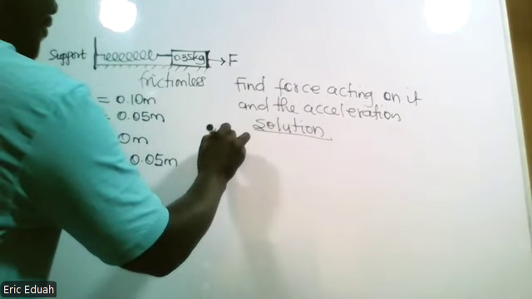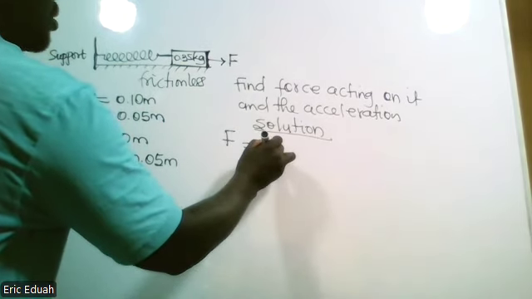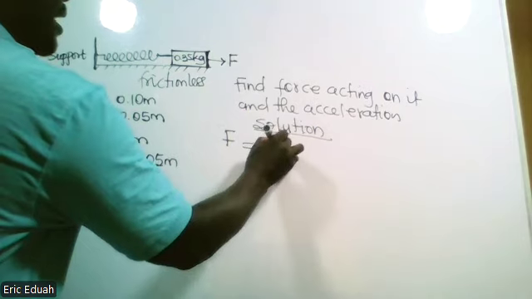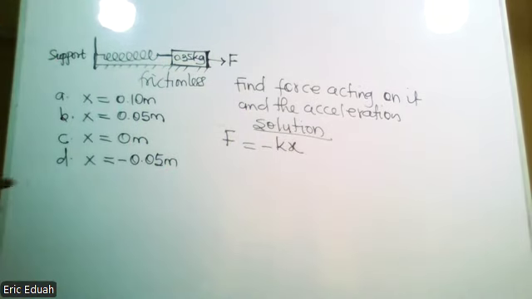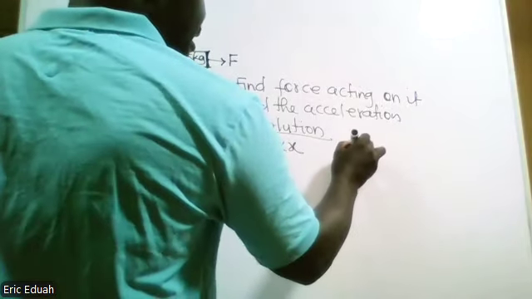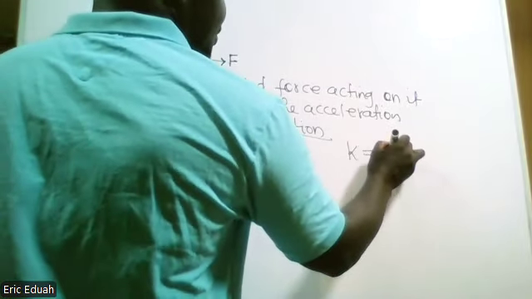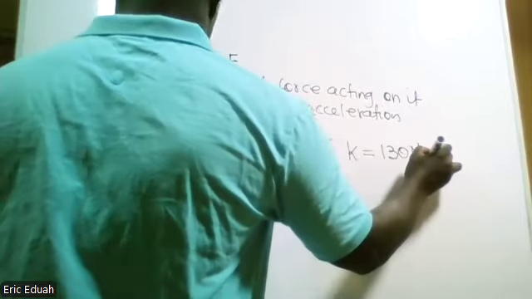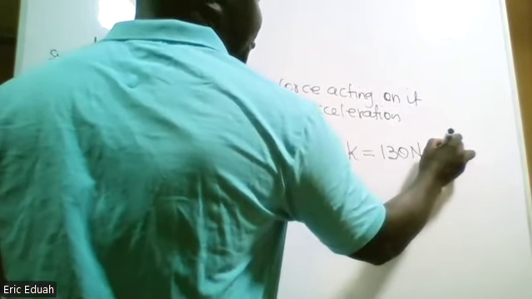So F is equal to minus Kx can help us determine the force, because the question also gives us the spring constant. We are told the spring constant is 130 Newton per meter. So K is equal to 130 Newton per meter.